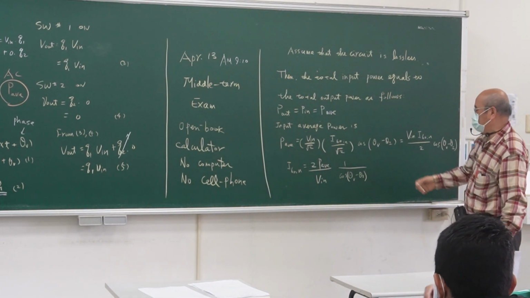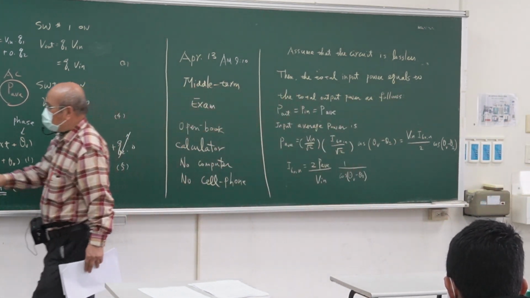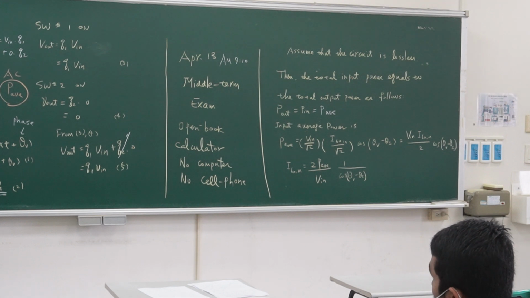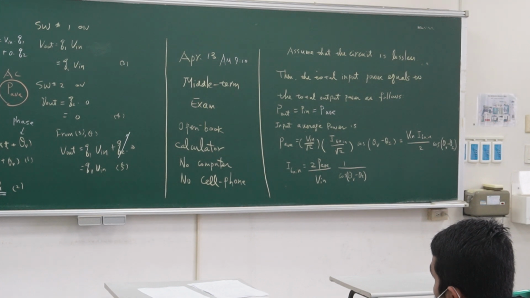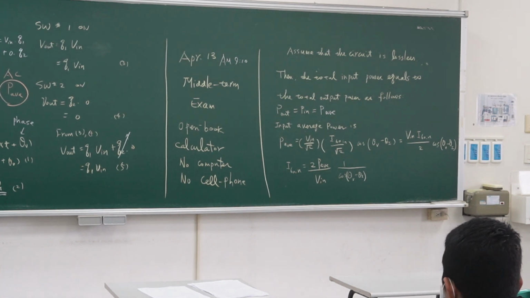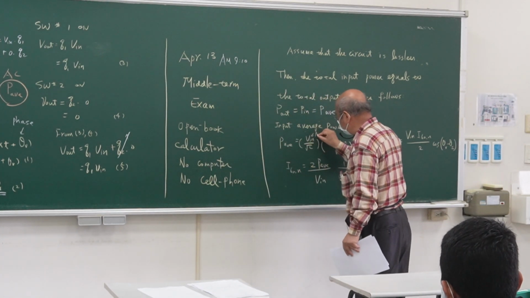So the input average power, what is the input average power? The waveform is like this. So what is this power? This power is voltage multiplied by current multiplied by cosine theta V minus theta I, right? So you can see this is amplitude.